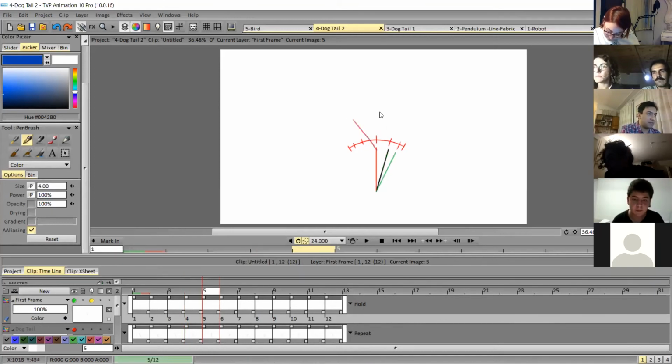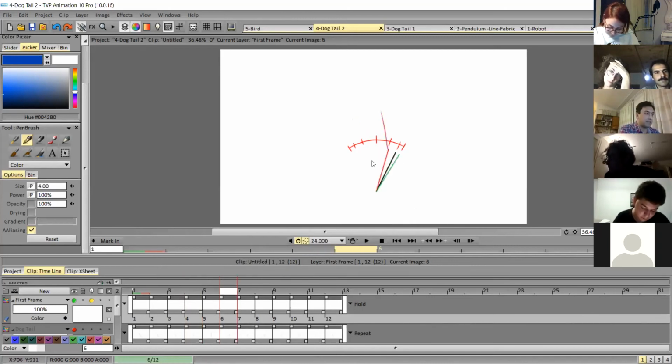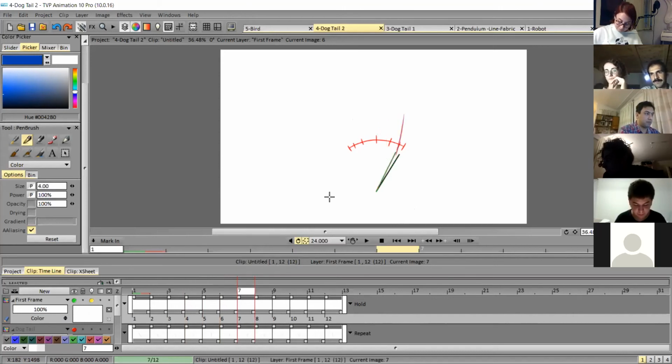And as it slows down, the second part tries to catch up with the first. In the last frame, they are being aligned again.